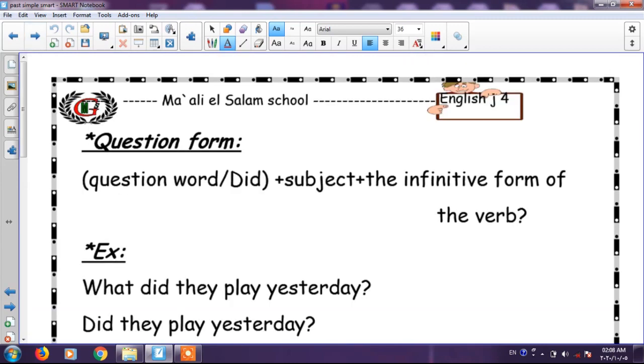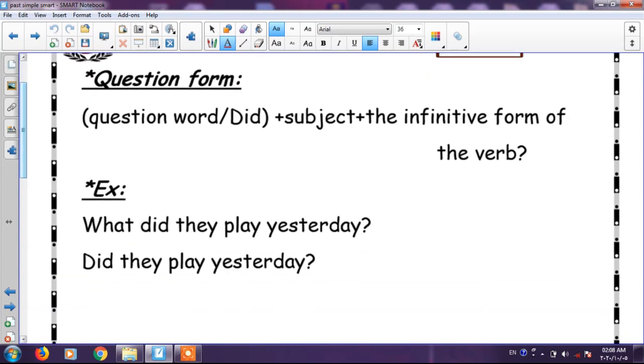Okay. What do we have here in the question form? We have 2 types of questions. We have WH questions and we have yes or no questions. In the WH questions, I put the question word, for example, what or why or how or where.